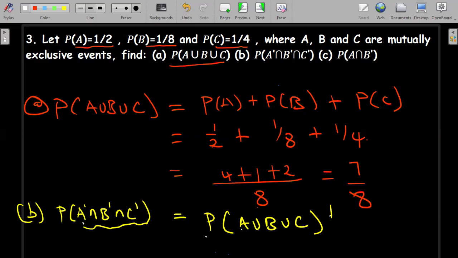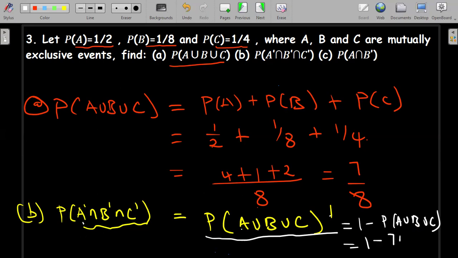And then here, we have the probability of a complement of the event. So it means here it's just going to be equals to 1 minus the probability of A union B and then union C. And we already have the value for A union B union C. So this is 1 minus 7/8.